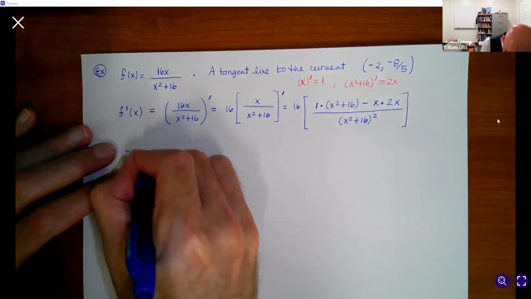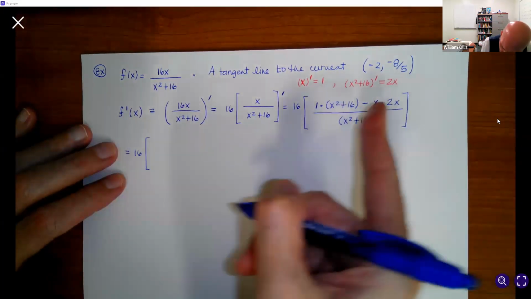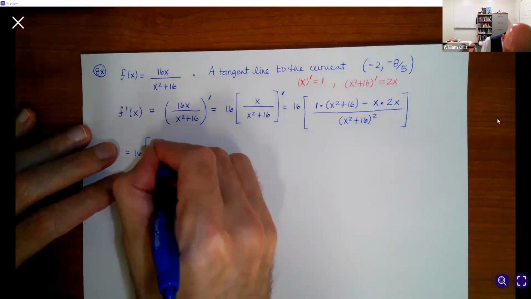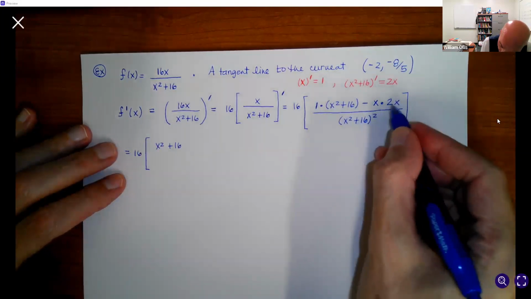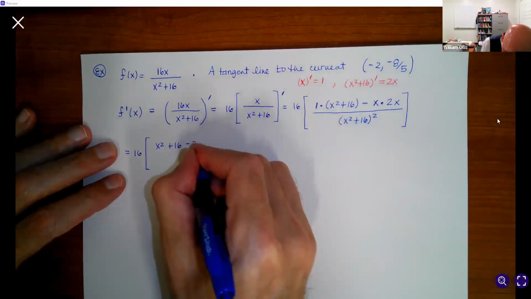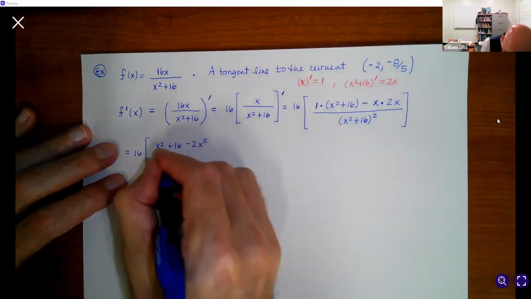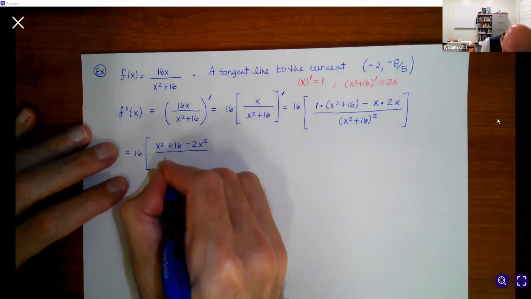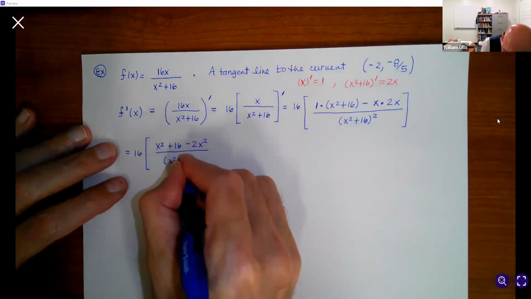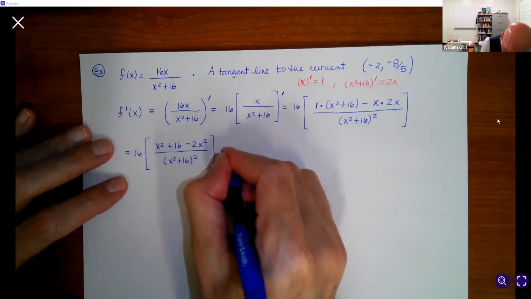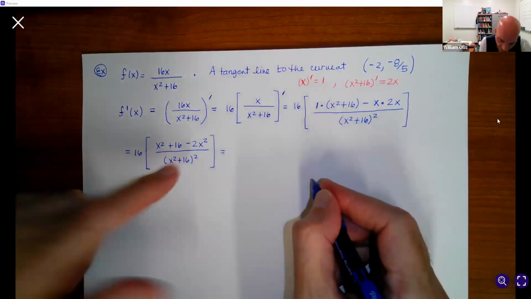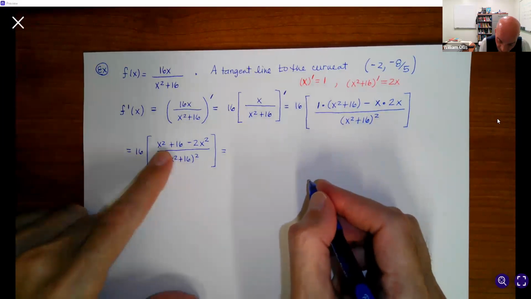So we have 16, and we just want to combine things. So we have x squared plus 16, and here we have minus a 2x squared divided by x squared plus 16 quantity squared. Now, what we want to do is just simply make this a little bit simpler if we can.